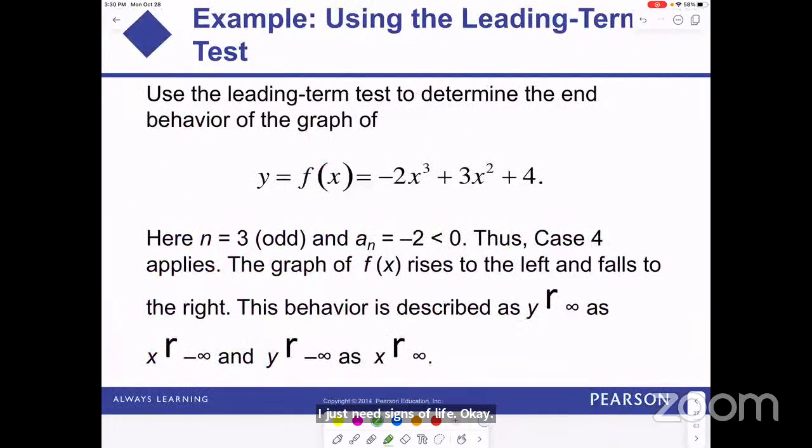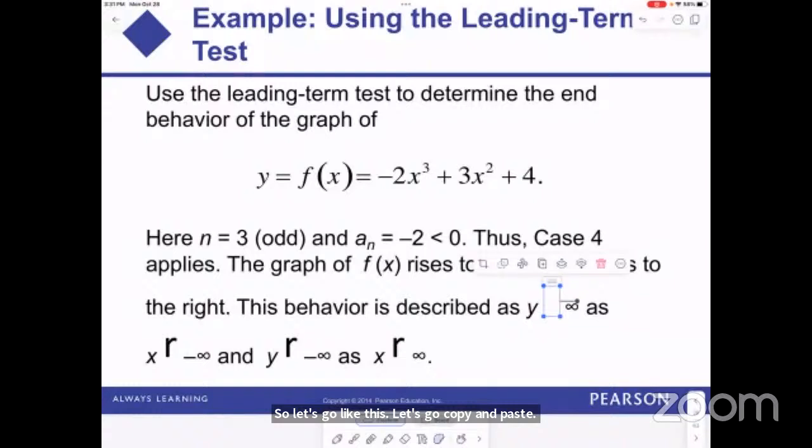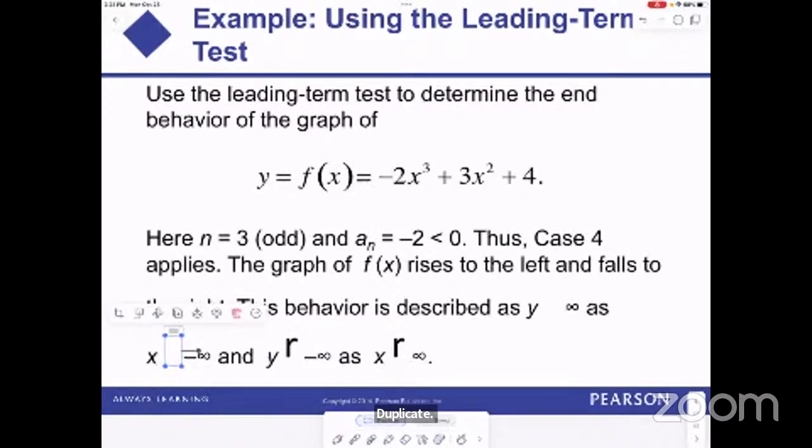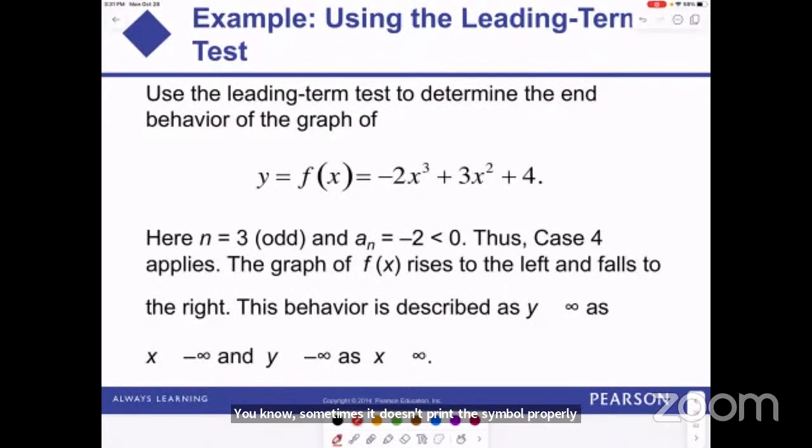Oh, so these are typos. Let me fix these typos real quick. Sometimes it doesn't print the symbol properly, so that's what happened there. And the correct symbol, I'm doing in this color this time.